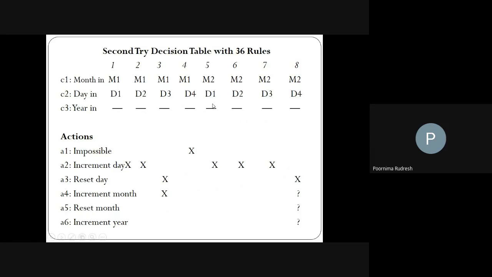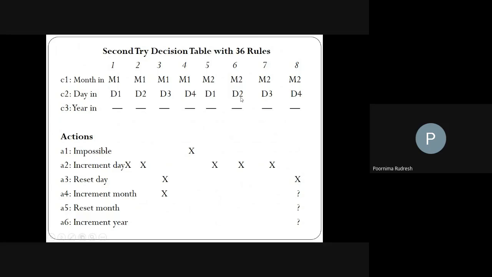If we set M2 and D1 as true, then it indicates that we have given valid inputs. If valid input is given, then the day is incremented by 1, so after 28 the next day is computed and it becomes 29.